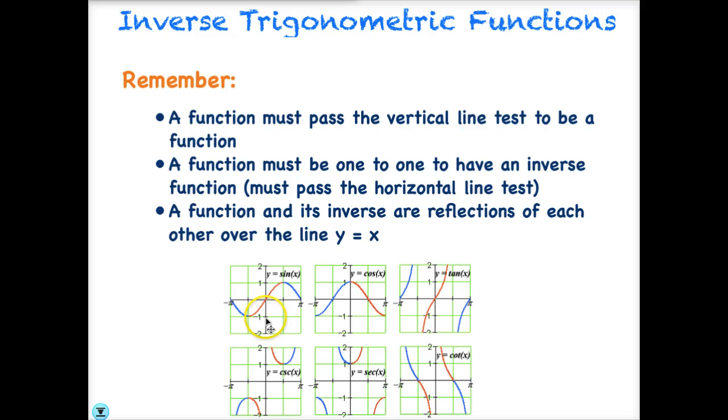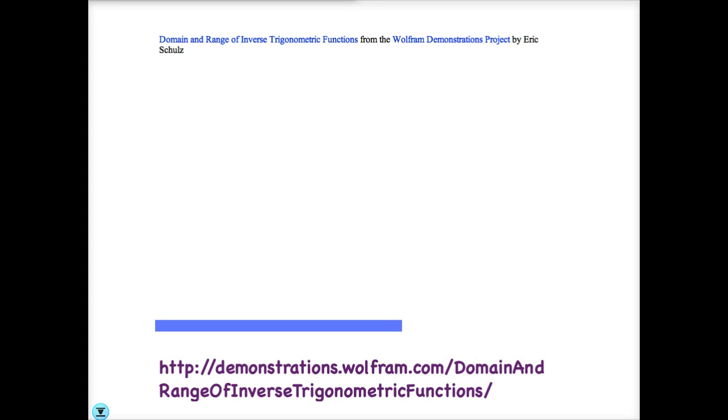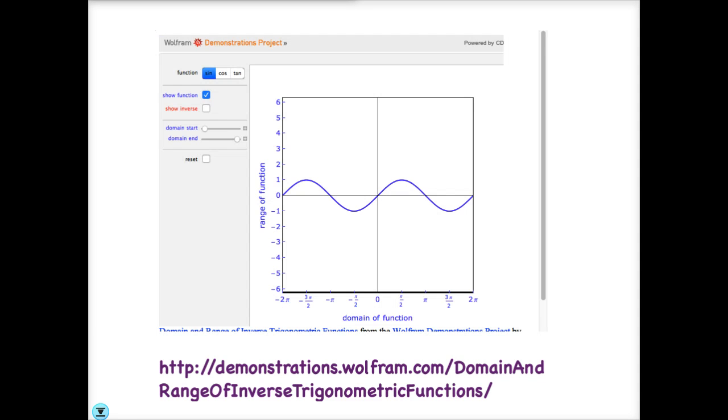If you'll notice our trig functions, these are all functions because they all pass the vertical line test. But we're going to examine why the inverse is not a function. If we look at this sine function, this is a demonstration from Wolfram, we can see that it would pass a vertical line test if I were to draw vertical lines.